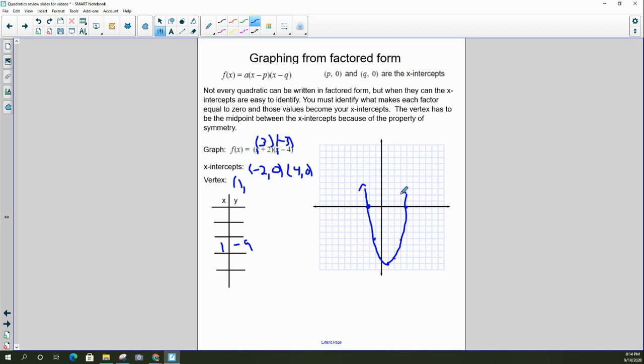We could even check to make sure that we went over 1, up 5: 1, 2, 3, 4, 5. So that pattern did work. And so we have our graph. We know our vertex, which was 1, negative 9.